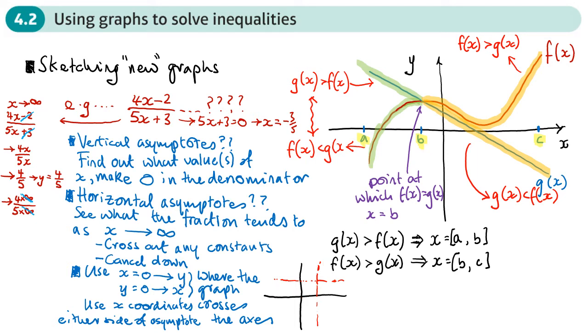Do you get a bit here and a bit here? Or do you get a bit here and a bit here, like that? That will only occur when you've got squared in the denominator, or down here or down here. Okay, so that's the process we're going to use to plot these unfamiliar or new graphs.